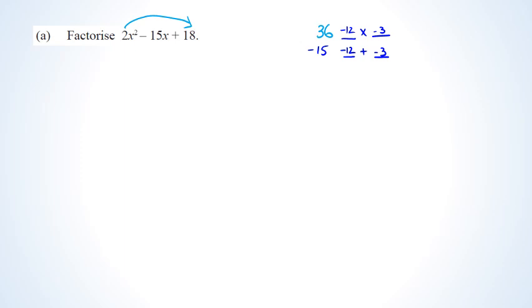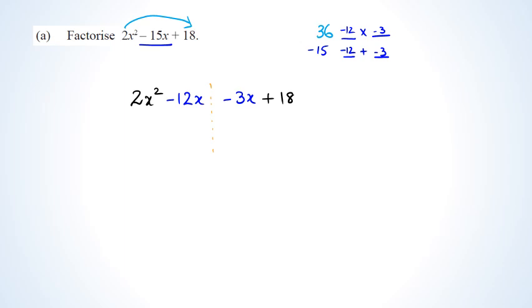So what that means is I'm going to split this negative 15x up. So I'm going to have 2x squared, and instead of writing it as minus 15x, I'm going to write it as minus 12x minus 3x and then plus 18. At this point, I'm going to separate this particular quadratic into two parts. I'm going to factorize the left-hand side first.